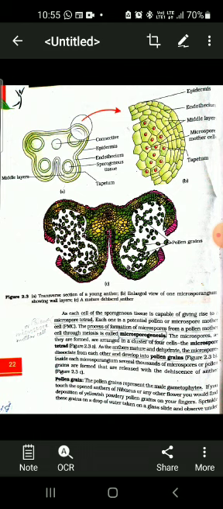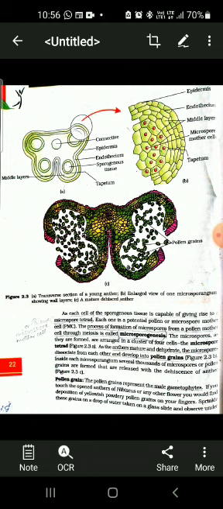So when the microspore mother cell undergoes meiotic division, it forms a group of four cells known as a microspore tetrad, and these become pollen grains. Because the cells have formed by meiotic division, they have acquired a reduced chromosomal number, that is, a haploid set of chromosomes is present in the microspore cell, and the process is known as microsporogenesis.